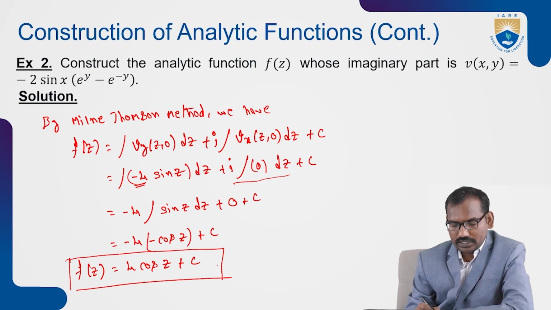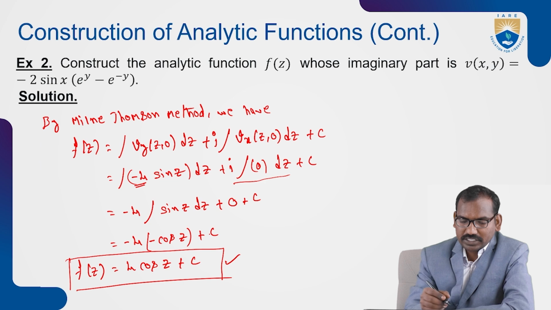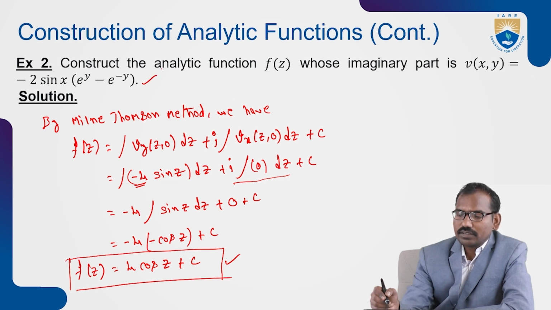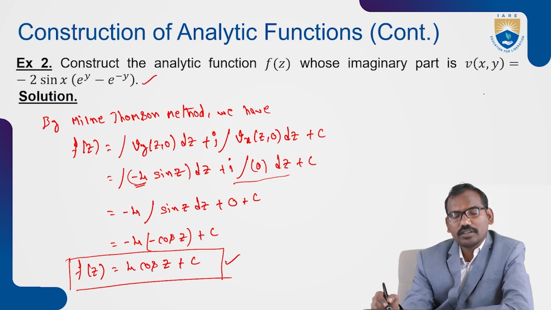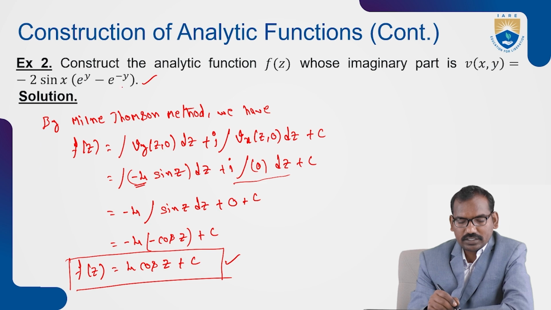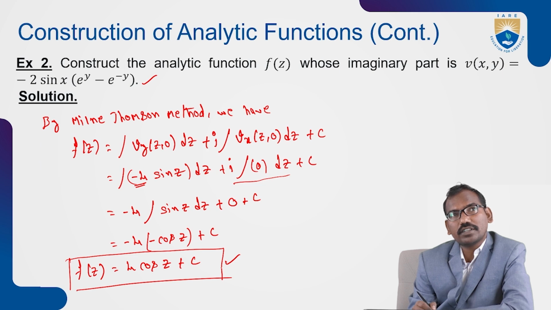So what is this f of z? The imaginary part is minus 2 times sin x (e^y minus e^(-y)). Here also you can observe I didn't calculate a real part.